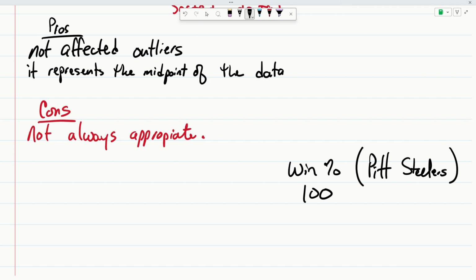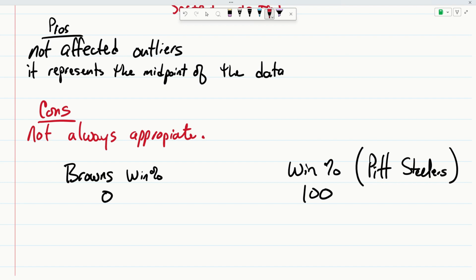Then you have the Browns. Now, as a Pittsburgh Steelers fan, one of our rivals is the Browns, and we love to beat the Browns. So let's just say the Browns' win percentage is 0. They never won anything.